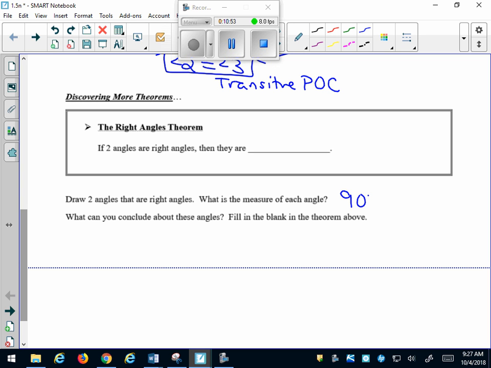How do they relate to each other? They're congruent, yep. So our right angles theorem says if two angles are right angles, then they are congruent. Now that may seem obvious, but if you're writing a proof and you want to use that fact, you need a justifiable reason, right? We always need a reason under our boxes. So our reason is going to be the right angles theorem.